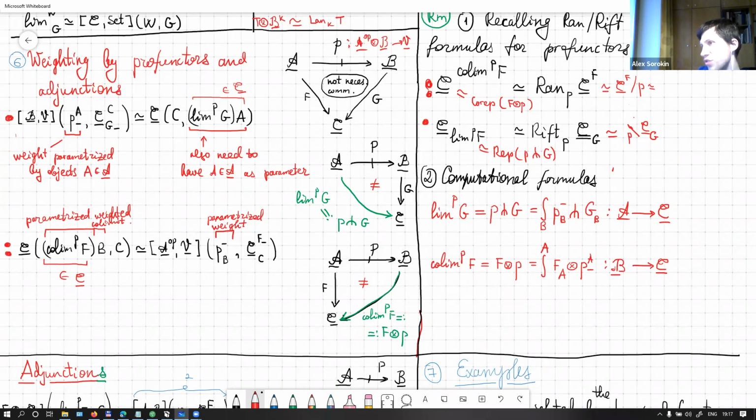Again, I gave computational formulas just to remind everyone what we had before.